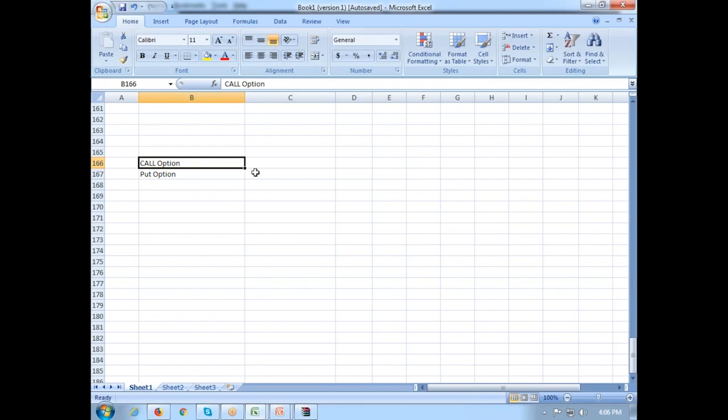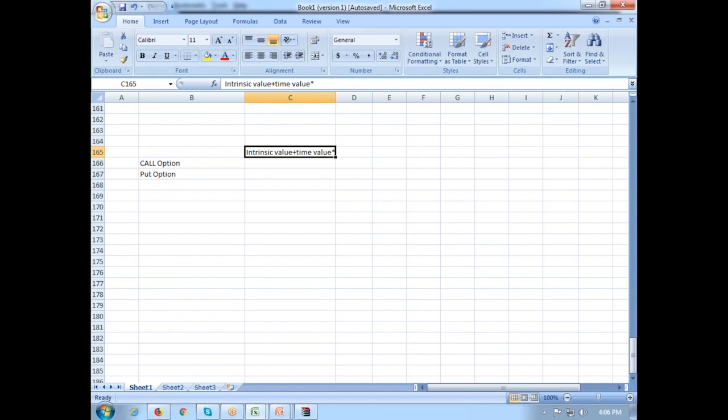First, what is the premium made of? The option premium is made of intrinsic value plus time value. There is a star mark.